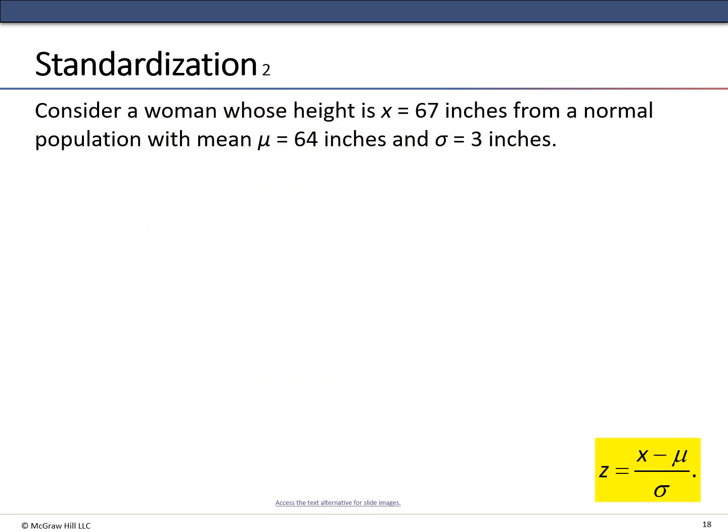So let's try one of these. Consider a woman whose height is 67 inches from a normal population with a mean of 64 inches and a standard deviation of 3 inches. When we calculate the z-score, the observed value, 67, minus the mean, 64, over the standard deviation, which is 3 inches, we get a value of 1.